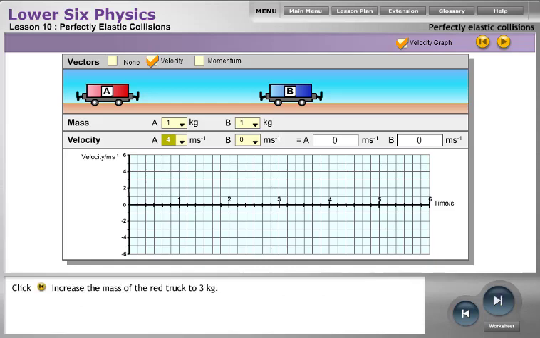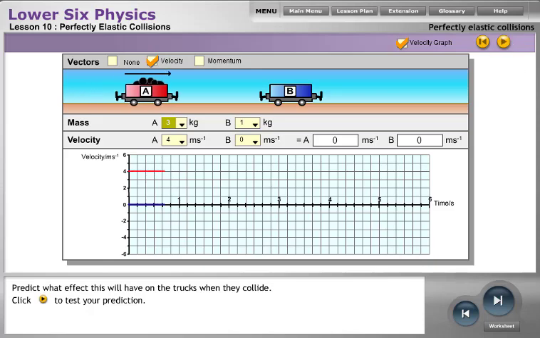Click Reset. Increase the mass of the red truck to 3 kilograms. Predict what effect this will have on the trucks when they collide. Click Start to test your prediction.